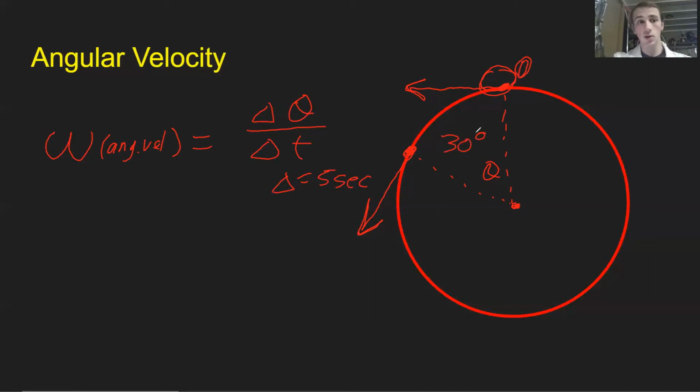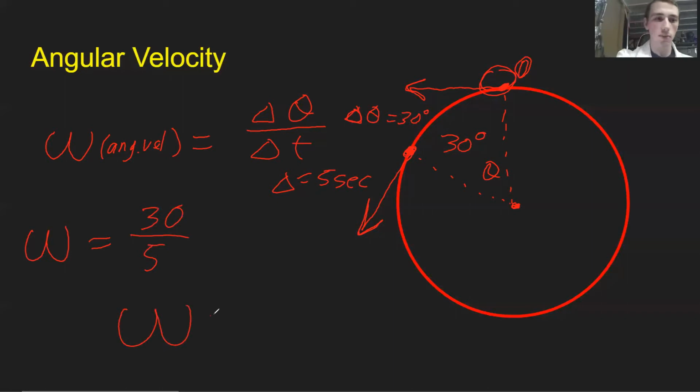So if we finish our angular velocity equation, our change in theta, as we call that triangle change symbol, our change in theta is going to equal 30 degrees. So what that means is we've changed 30 degrees in 5 seconds. So our overall angular velocity, just for this class purpose, is going to be 6 degrees per second. That's how fast this angular velocity is moving.